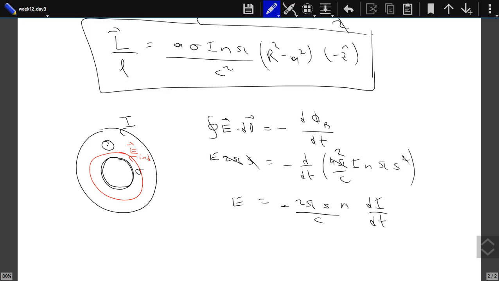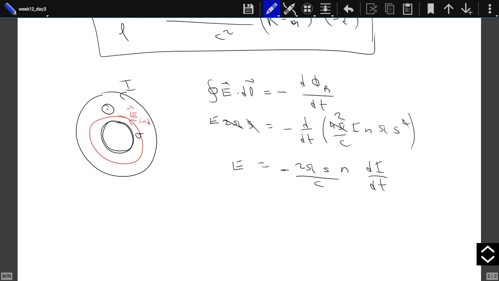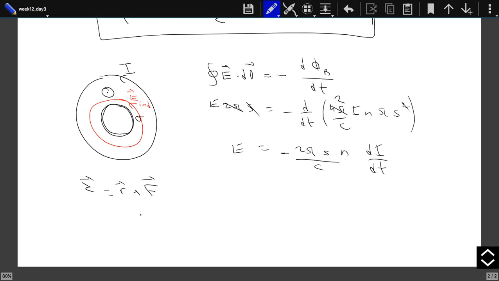Well, this will create a torque on the inner cylinder. You see the torque is R cross F. So I have this inner cylinder. At this point, let's assume I have a patch with area dA. So the total charge is sigma times dA. There will be a torque acting on this patch.